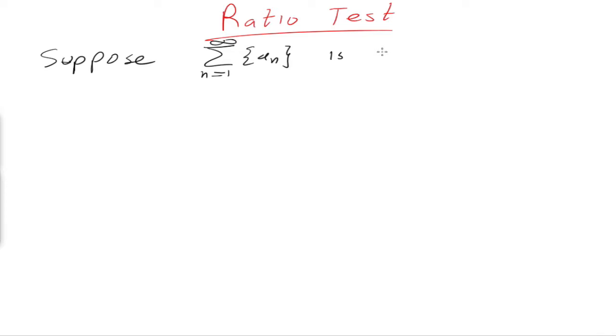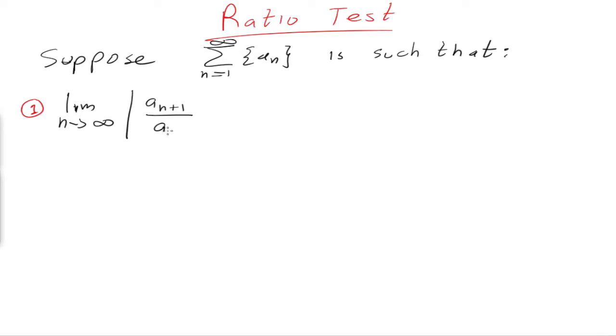What we're going to do is take the limit of the ratio of the sequence: the limit as n goes to infinity of a sub n plus 1 over a sub n.